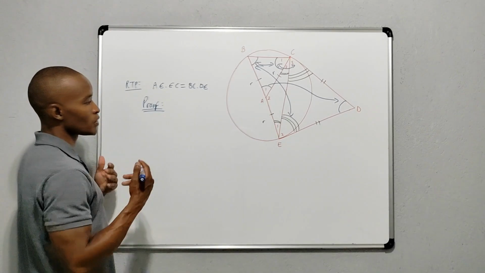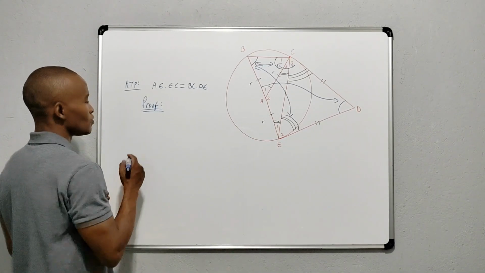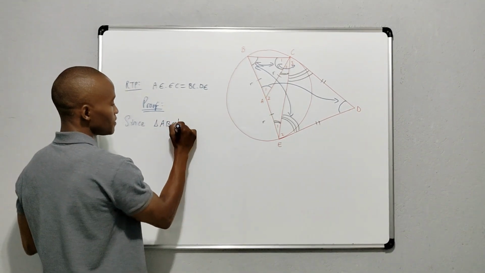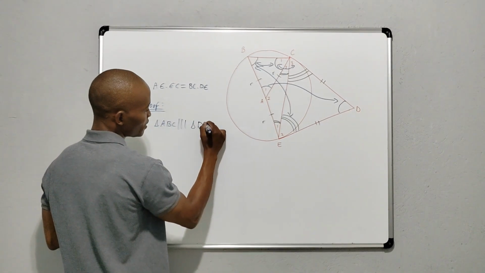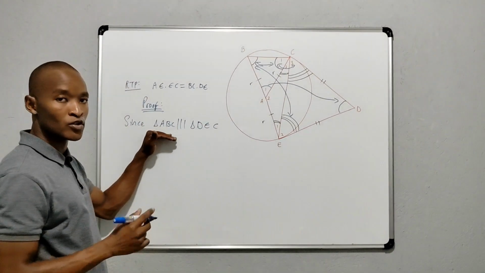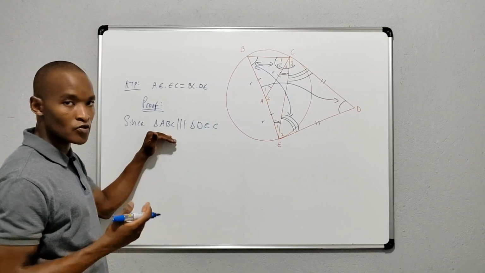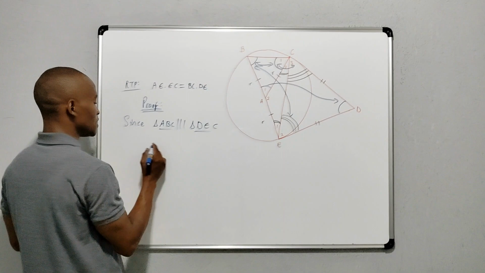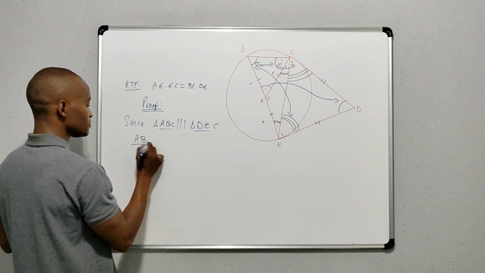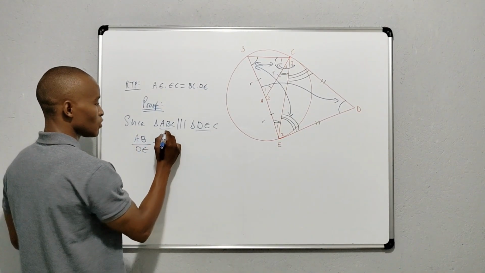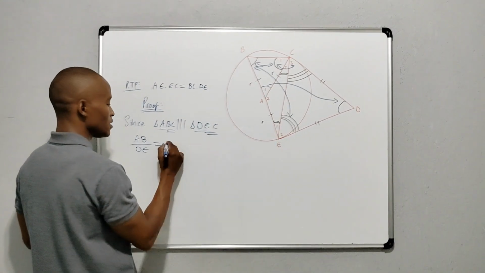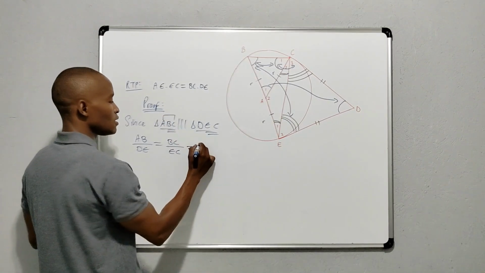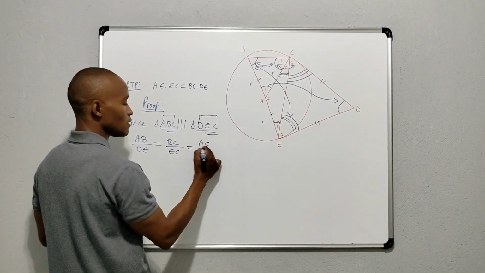So from the previous statement that we made, we write, since triangle ABC is similar to triangle DEC, we can now introduce proportionality of sides because we've proven similarity of the triangles. So AB over DE is equal to BC over EC is equal to AC over DC.